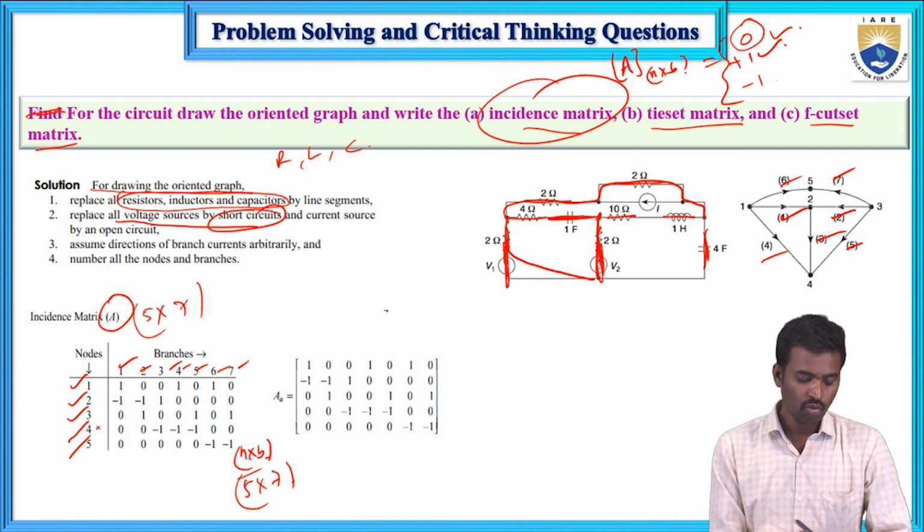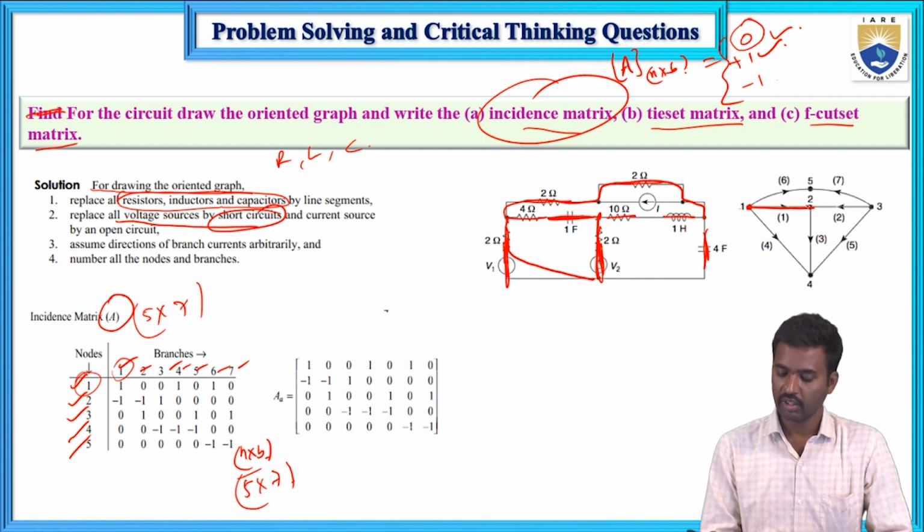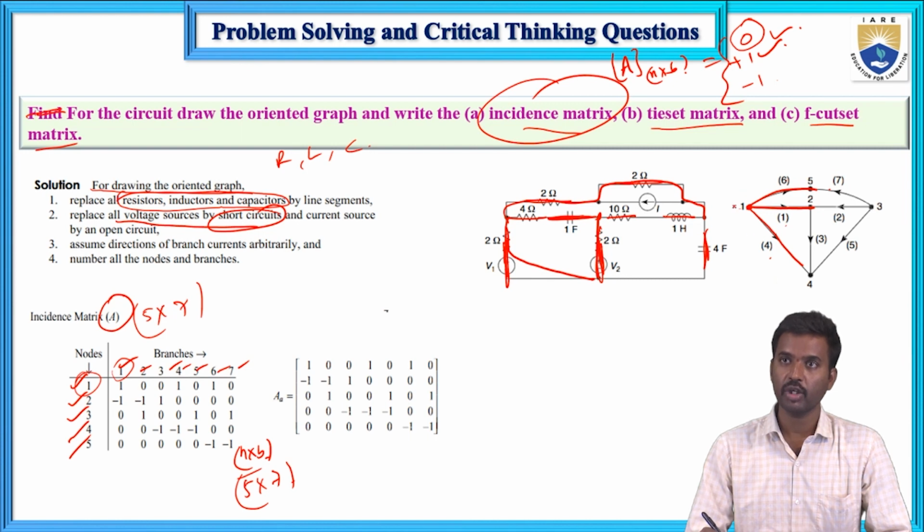Now for node 1, branch 1 is leaving away from the node, and branch 4 is leaving, and the 6th branch is leaving. So elements 1, 4 and 6 are leaving away from node 1.